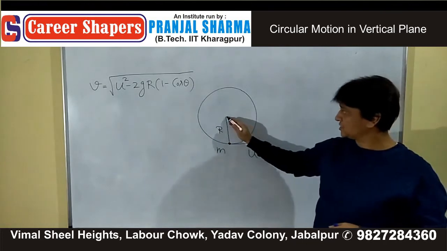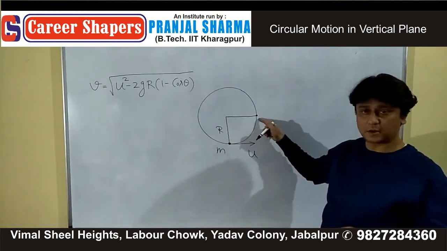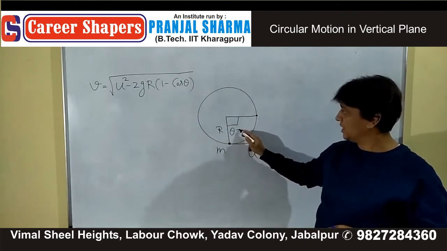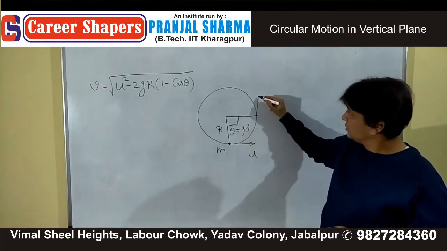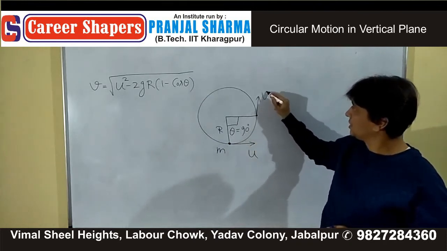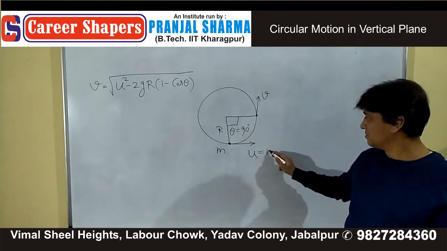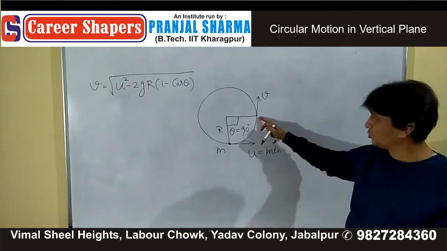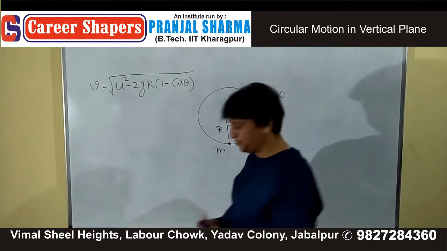Now when it reaches the 1/4 mark right here, you can see that angular displacement theta becomes 90. This is V, and if U is minimum so that it just reaches this position, then V should be 0.